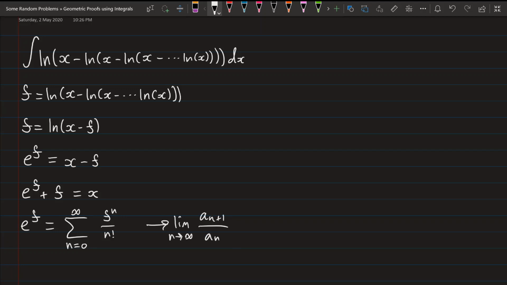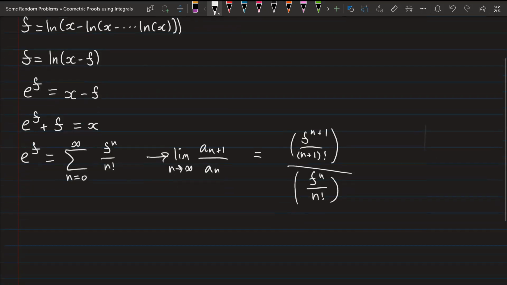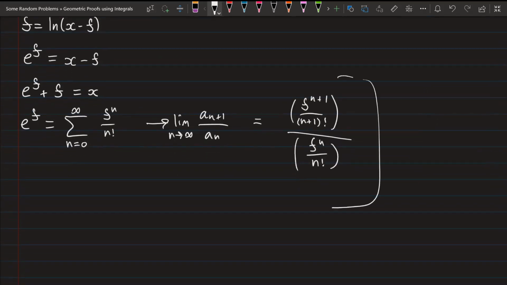So we get f to the power of n plus 1 divided by n plus 1 factorial, divided by f to the n over n factorial. We can simplify this. We need to take the limit still as n tends to infinity. I forgot to put that part. That is very important.